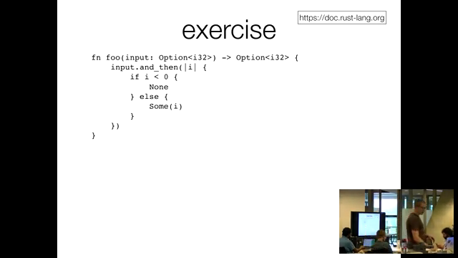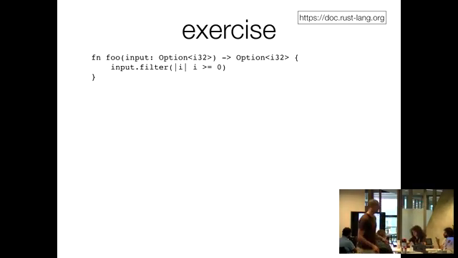And actually, if you're using nightly Rust, you can do even better than that, because there's a function that hasn't been stabilized in the standard library yet called filter, which does what and then was doing, with some or none, but then applies a predicate to the value if there was something there, and effectively returns some if the predicate is true and none if it's false.